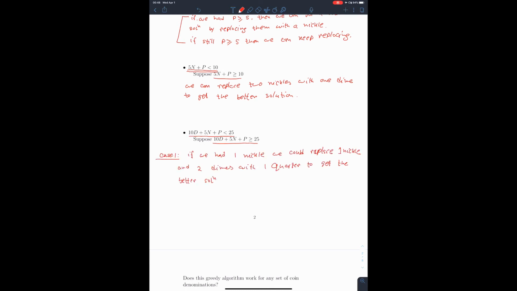In case 2, if we had no nickels, then we at least have 3 dimes. Now we can replace 3 dimes with 1 quarter and 1 nickel. And as we always try the bigger denomination first, we always get the better solution instead of getting more number of coins.